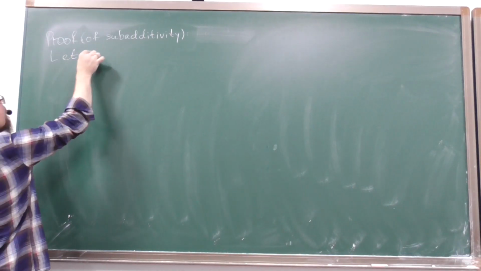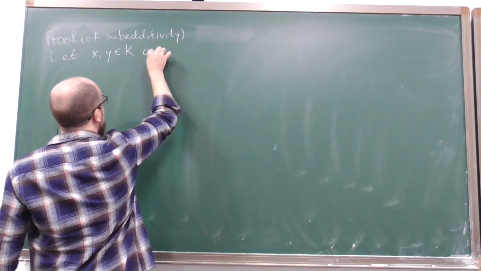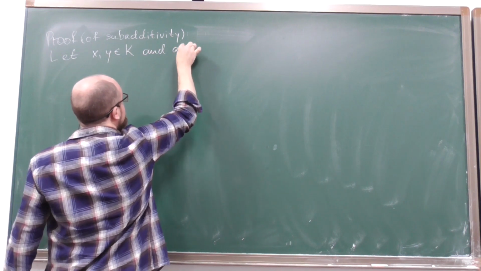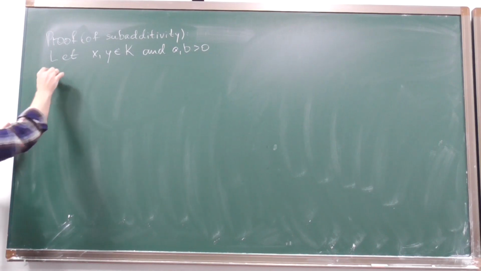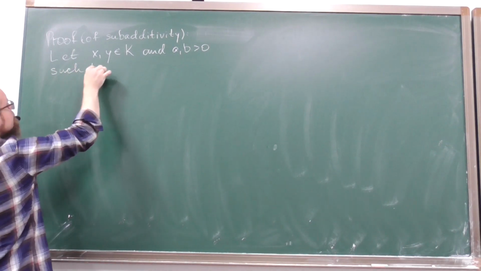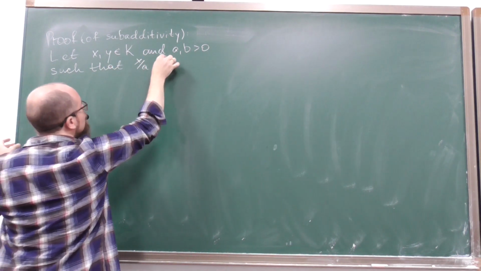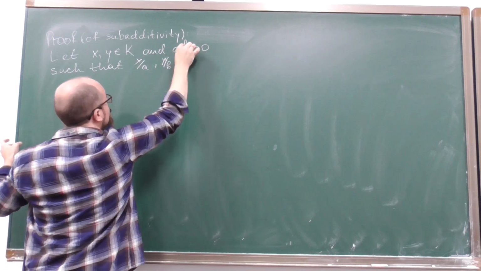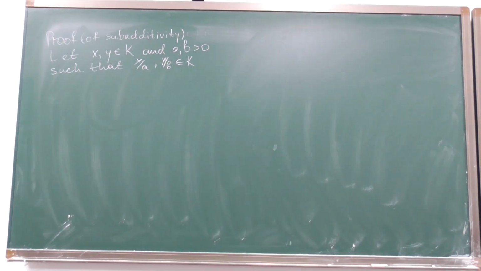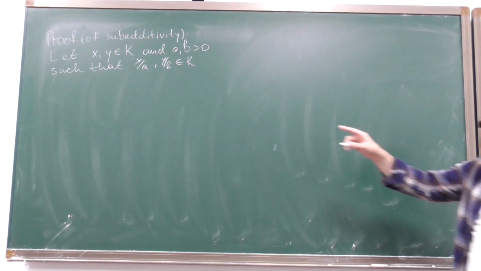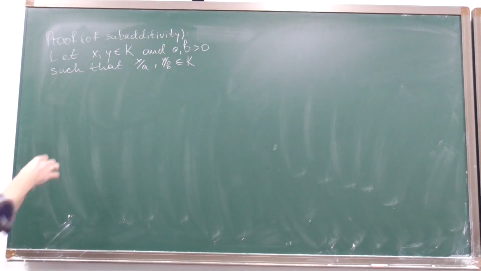So let x and y be 2 points from K, and a and b be positive real numbers, such that x over a and y over b belongs to K. Since K is convex, it contains an interval between these 2 points.